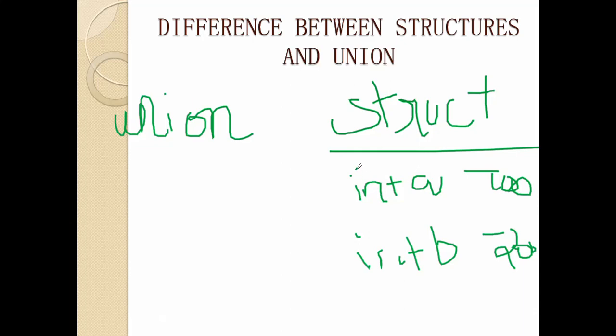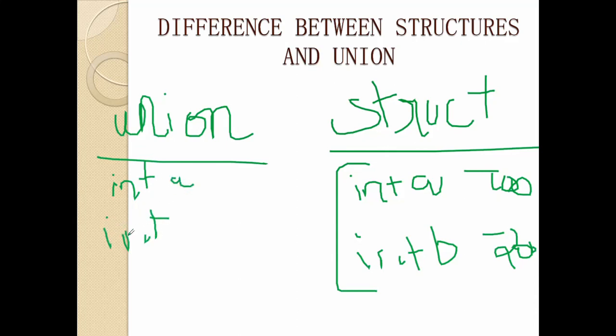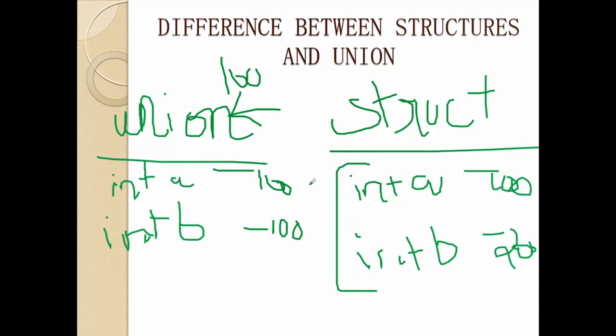So this is going to be different. But under union, if we are declaring integer A and integer B, and if integer A has memory location 100, then integer B will also have memory location 100, because this is under a union which has the memory location 100. So all the memory locations of the attributes are going to be the same in union, and in structure they are going to be different.